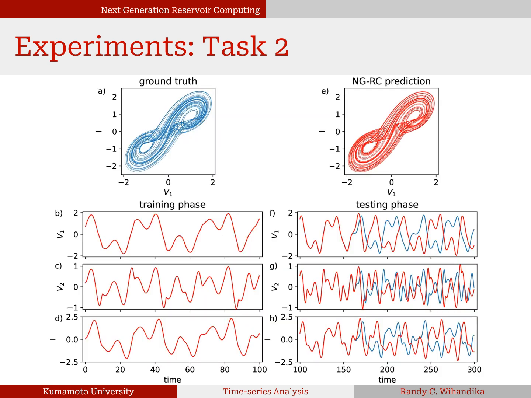And for the second experiment, this is the result, where this is the ground truth and the prediction, and this is the training data, and this one right here is the prediction result. And here we can see that the NGRC is successful in obtaining the pattern of the data.